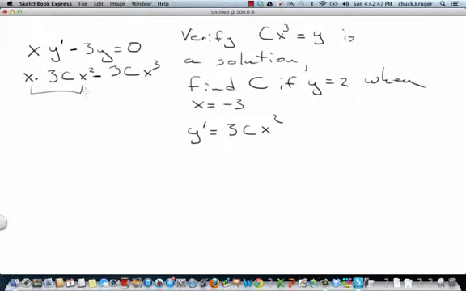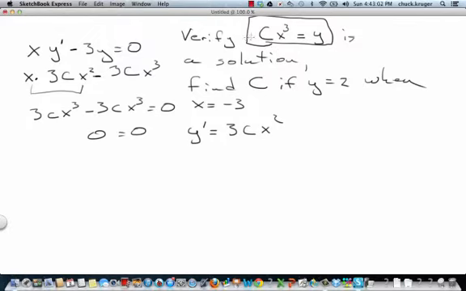I can multiply these together and get 3c x cubed minus 3c x cubed, and lo and behold, I do get 0. So this right here is a solution to that differential equation.